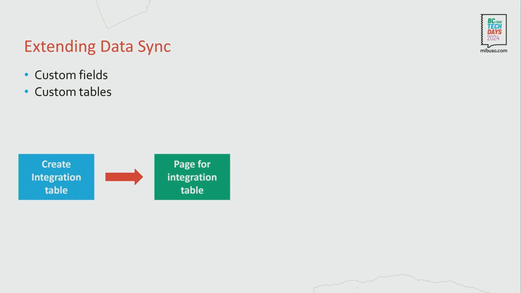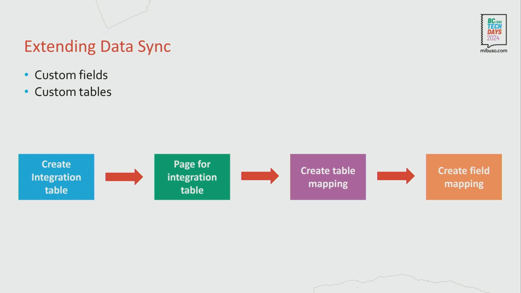Once we achieve those two, the next two steps are basically creating table mapping and field mapping for our tables. It is also important to know that those two are a really new feature. I mean, manually creating table mapping and field mapping is a new feature inside Business Central. So basically, users can manually add new table mappings.